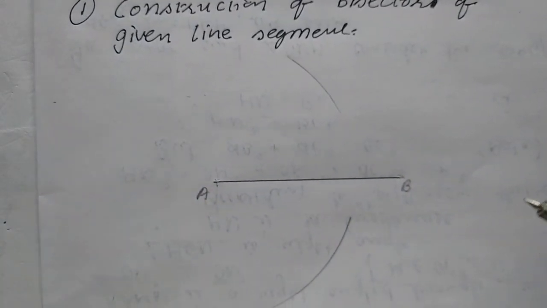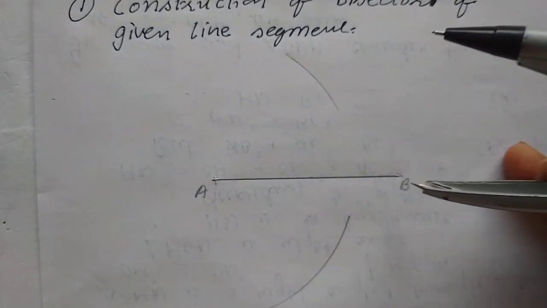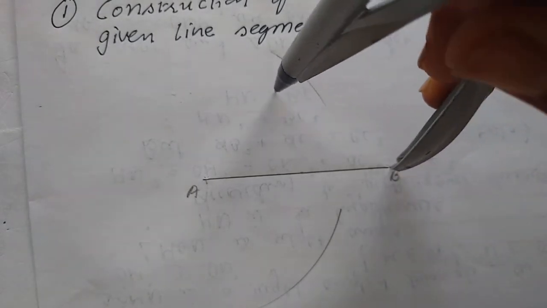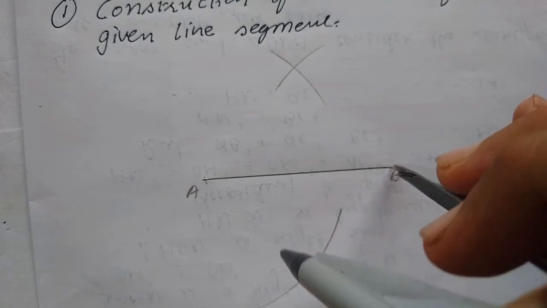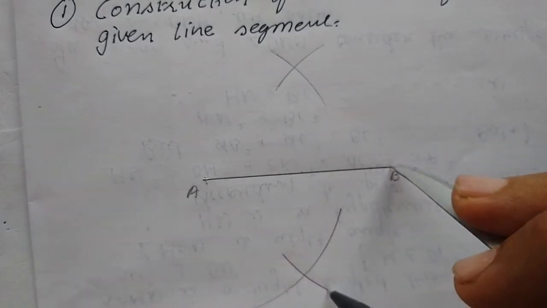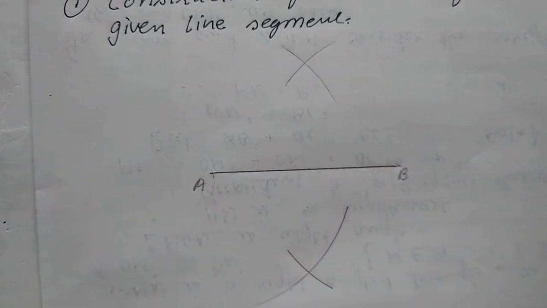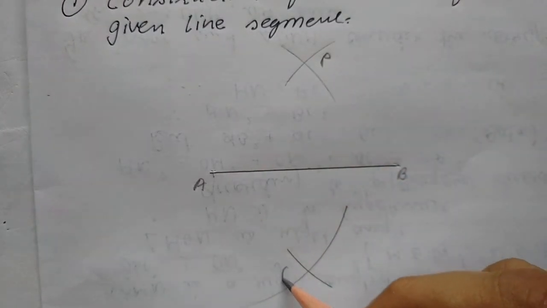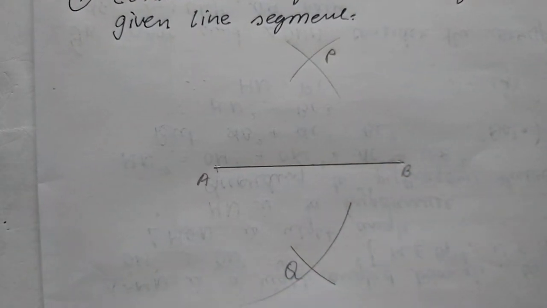From B children, take another arc. It will cut here, and from this point here you will get. Now children, call this P, this Q, join PQ children.